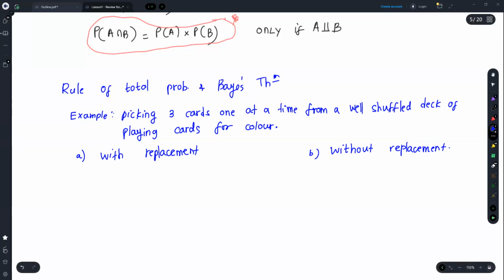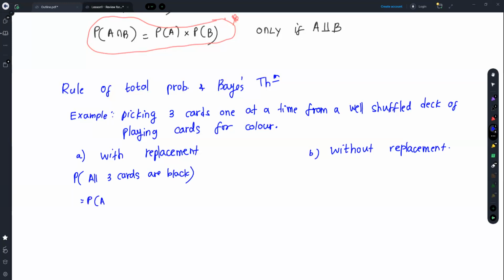If you want to find the probability that all 3 cards are black, how do you find it? That means the first card should be black, and the second should be black, and the third should be black. This is the case where you get all 3 cards black. How do you calculate this one?